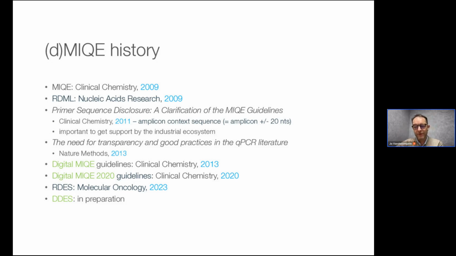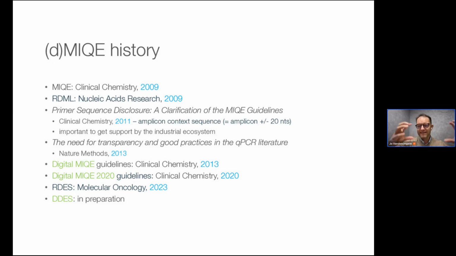So a little history about the MIQE and the dMIQE guidelines. As already shown, the original frustration culminated in that paper in Clinical Chemistry in 2009, along with the data format, RDML, which has been abandoned now and has been superseded by RDES. There was a small update in 2011 on some frustrations that the MIQE guidelines insisted on disclosing primer and probe sequences, but commercial companies were somewhat reluctant to do so because it's their bread and butter.